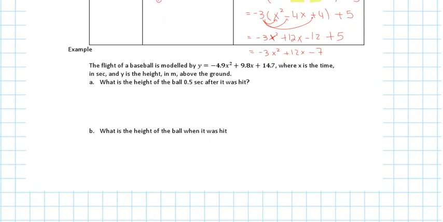Now, they're asking you, what is the height of the ball 0.5 seconds after it was hit? So what did they give you? What's 0.5 seconds? Time. And what letter represents time?